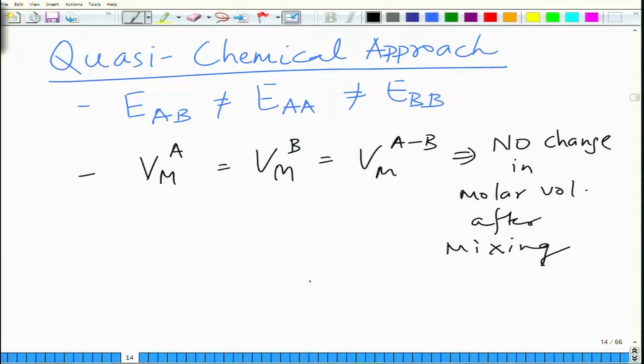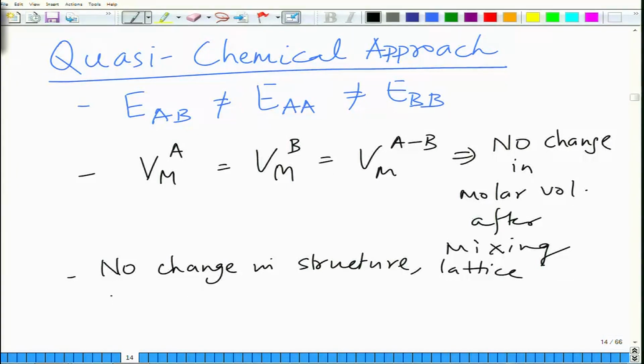And there are other things, like there is no change in structure. You can say no lattice distortion. No change in the structure means that if both of them were cubic, it remains cubic.